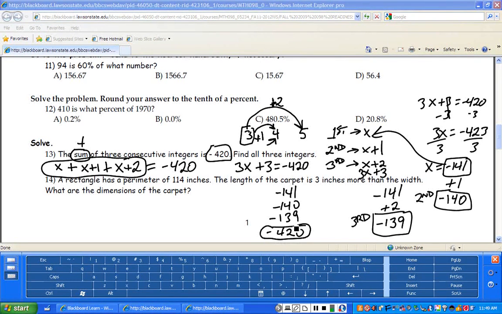Alright, so your answer to this problem should be first number, second number, and third number. You have to list all three of these numbers.